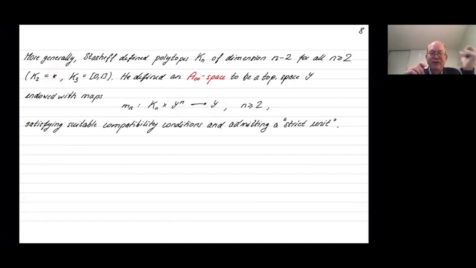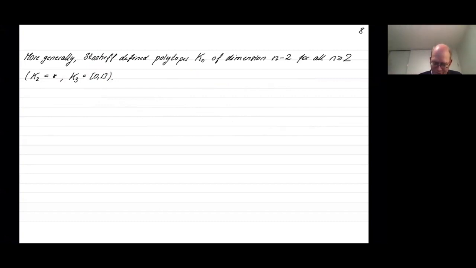Then we have a family of ternary operations parameterized by the interval. Then we have a family of 4-ary operations parameterized by the pentagon. And we have certain compatibilities between these operations.